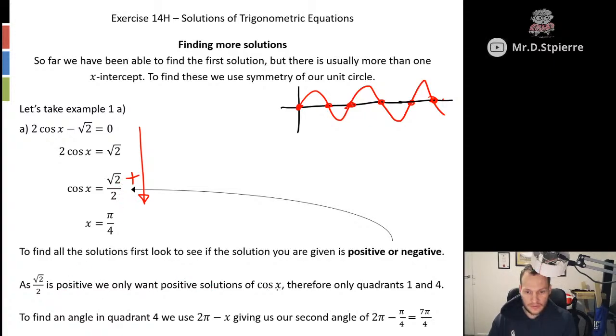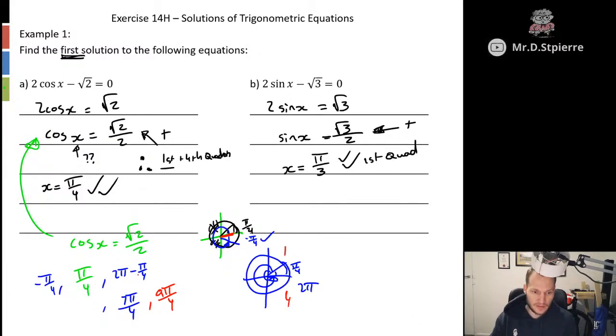We only want our positive solution to cos, therefore it occurs in quadrants 1 and 4. To find the angle in quadrant 4, we can use the identity 2 pi minus x, which gives our second angle of 2 pi minus pi on 4 is 7 pi on 4, which is exactly what I figured out there. Okay. We went, and if I redraw the diagram, make it nice and clear.